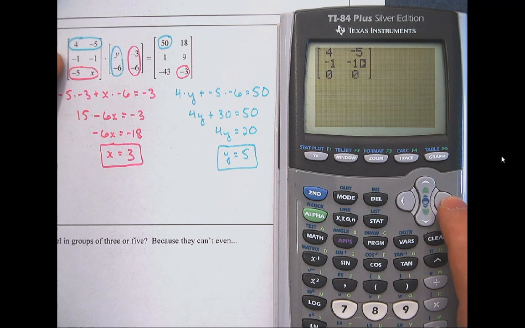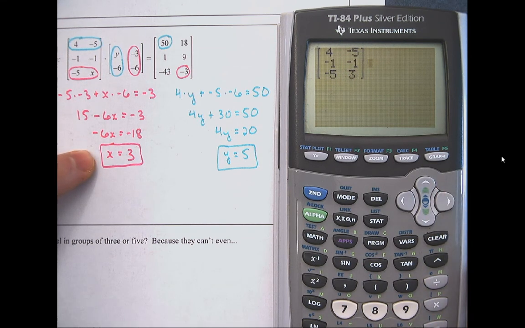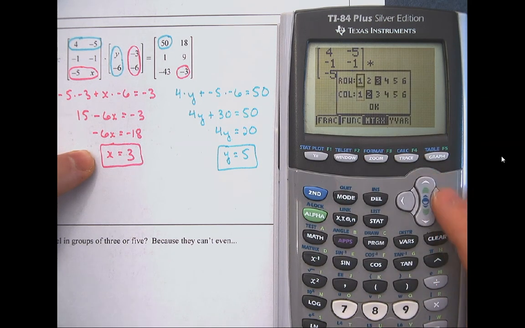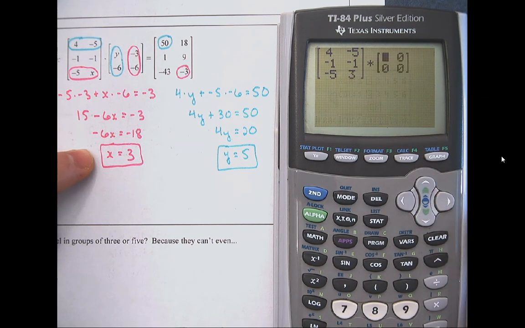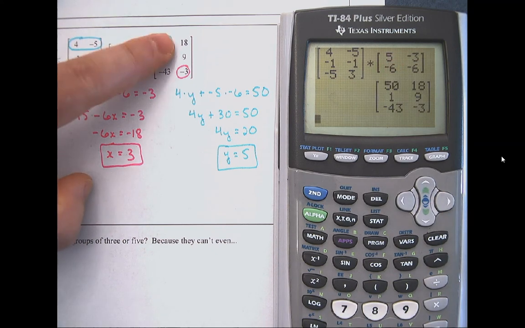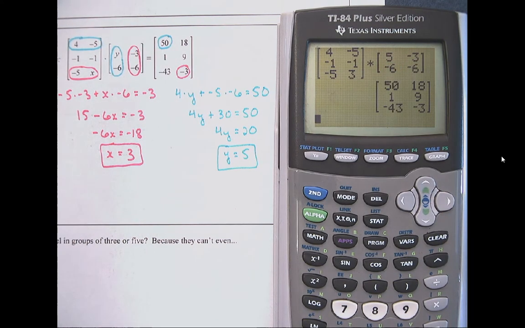Negative 1, negative 1, negative 5, and x we said was 3. I want to multiply by, now I'm going to go alpha F3 again, a 2 by 2. So we said y was 5, negative 3, negative 6, negative 6. 50, 18, 1, 9. All right, that one worked out.